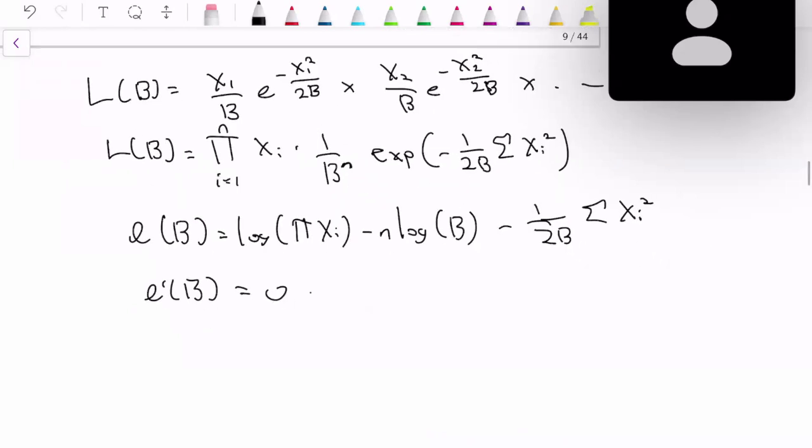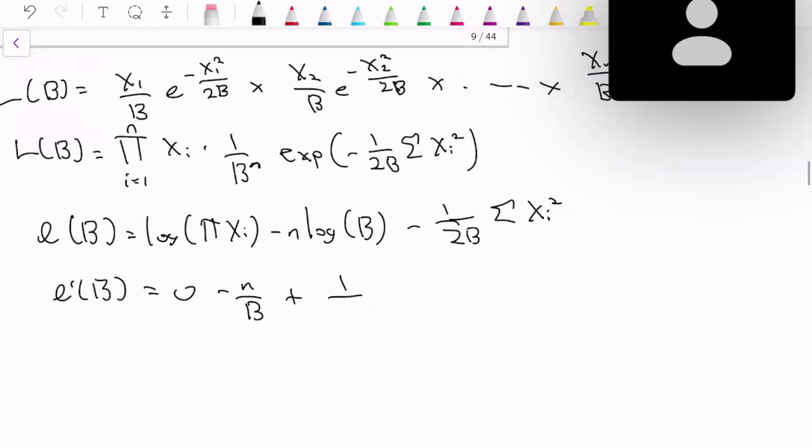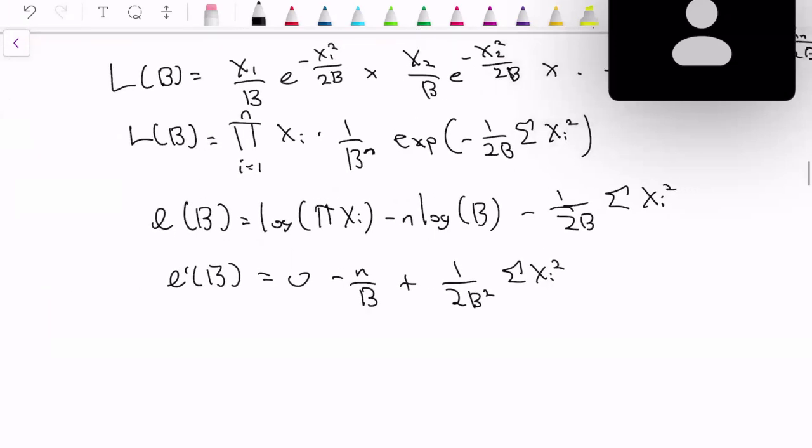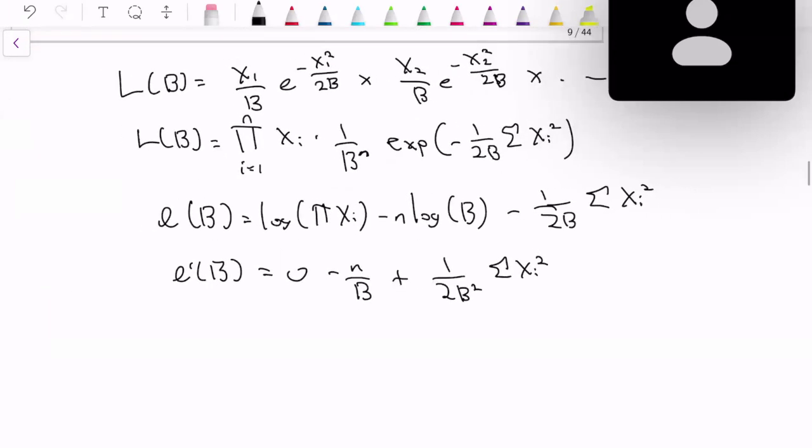The derivative of the second is negative n over beta, and the last will be 1 over 2 beta squared sum of xi squared. So this is the score function.